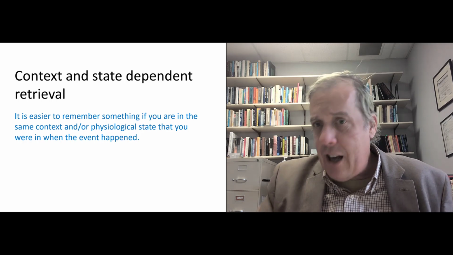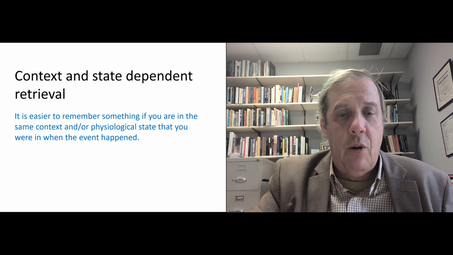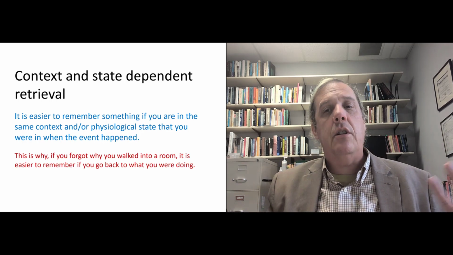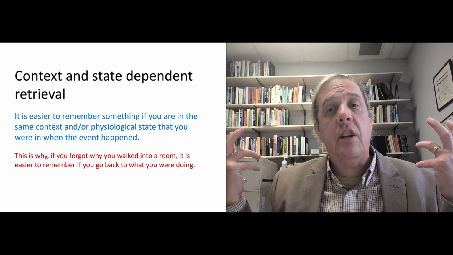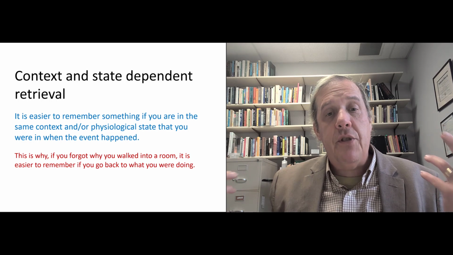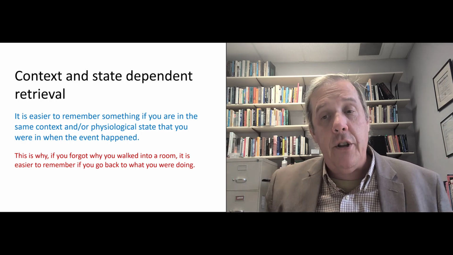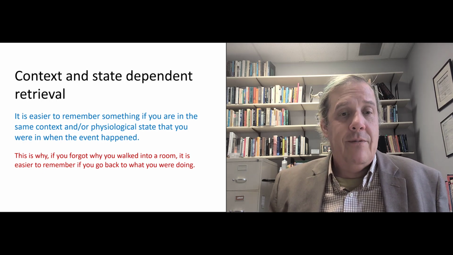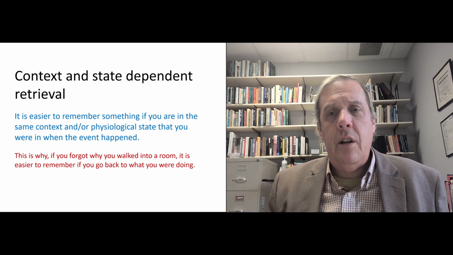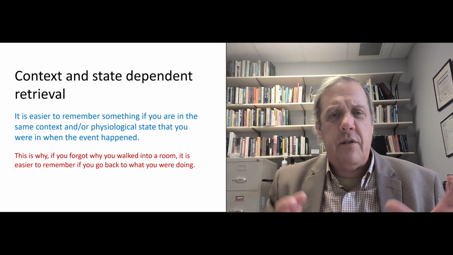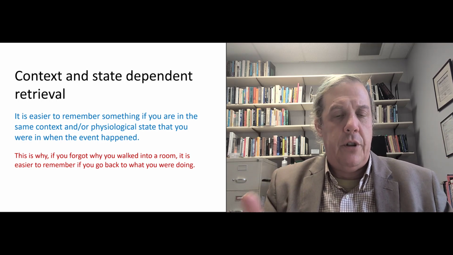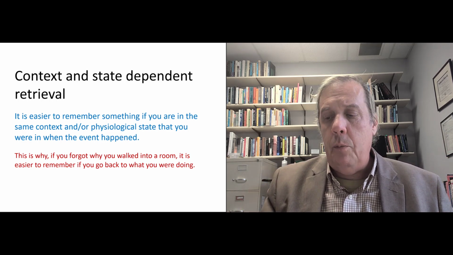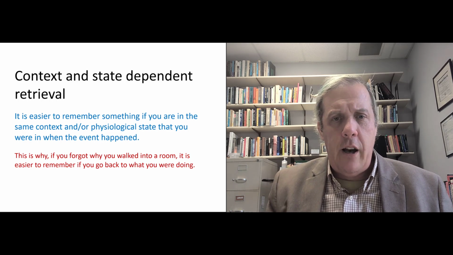So you walk back to the room where you were before, and then suddenly you've got these perceptual cues. And these perceptual cues remind you of what you were doing, right? I do this with the computer version of this. I will open a file and I'll forget why I opened it.